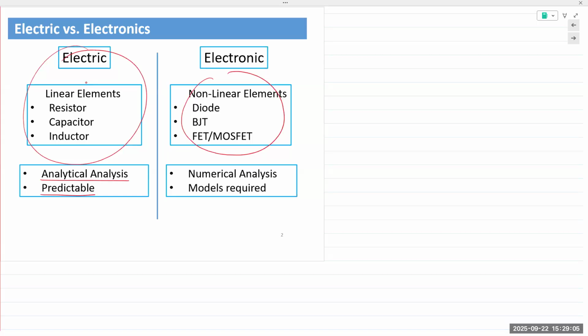Oftentimes, if you have looked at data sheets for any electronic device, whether it's a microchip or any other kind of device, it'll always say this is rated between certain temperatures. And then you always hear about military spec, right? Mil spec.